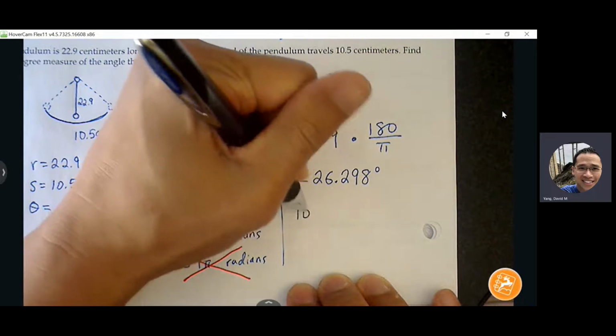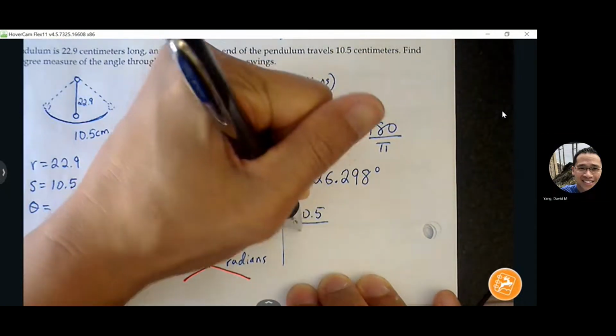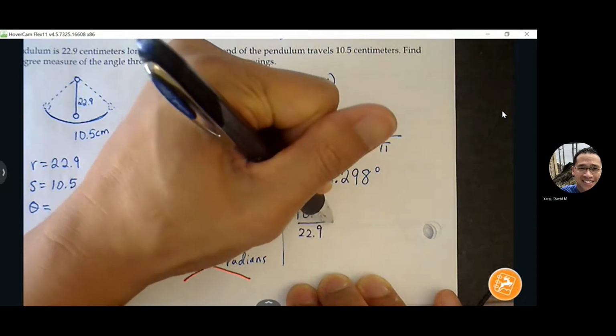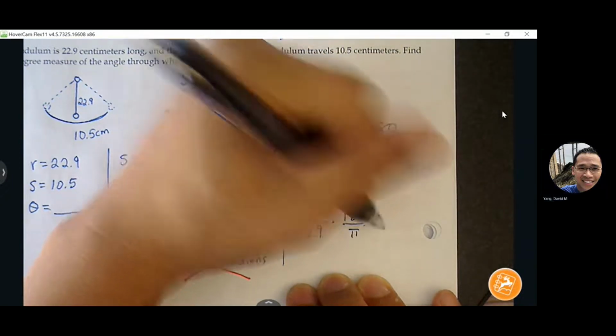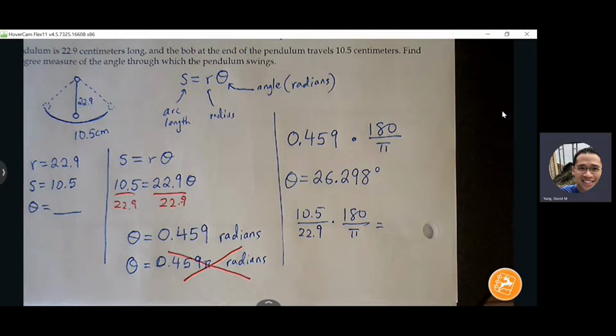Let's keep that fraction and go directly into multiplying by 180 over pi. And that's gonna become more accurate.